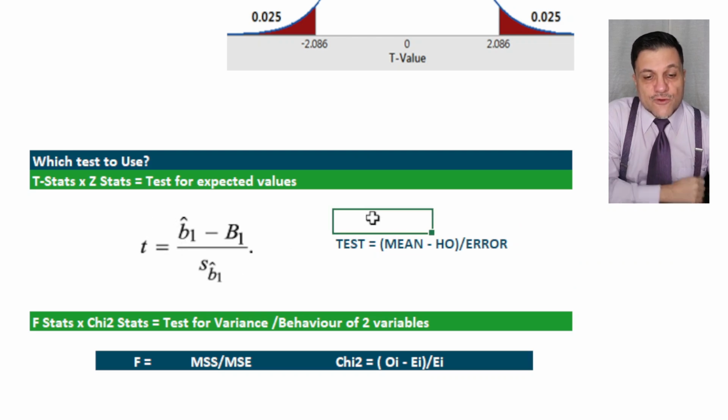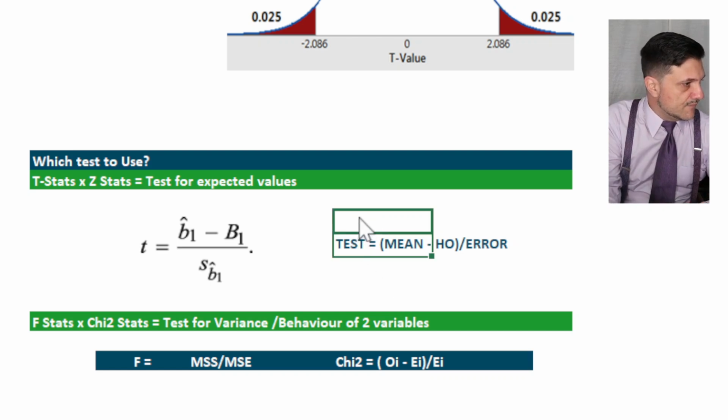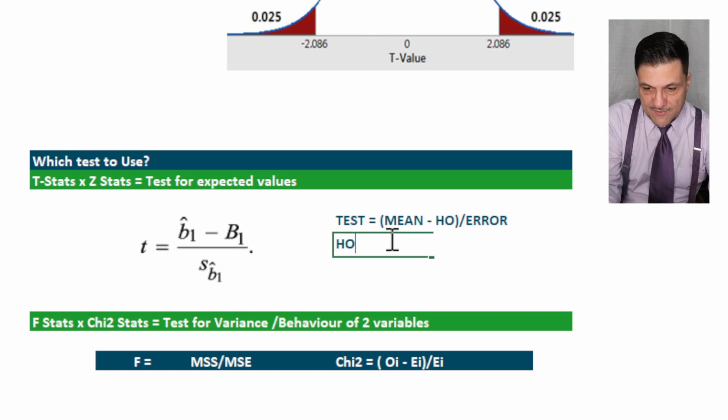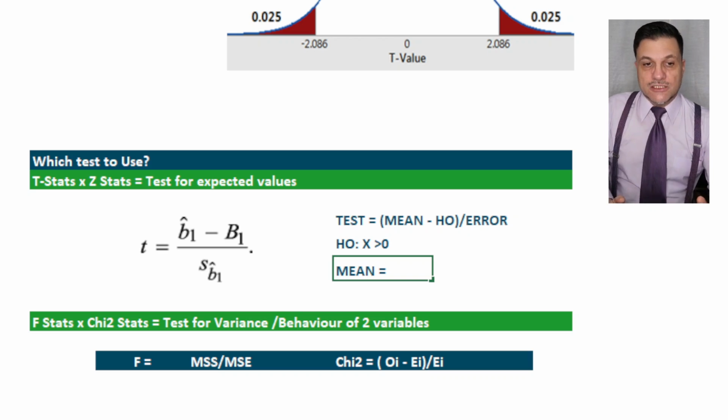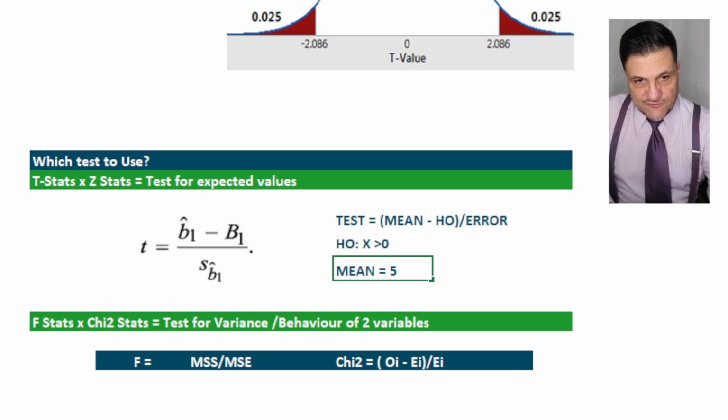Excuse me, friends. Continuing here. Now, let's put the hypothesis here below. H0: X higher than 0. My mean, my average, is given on that question. Let's say I collect the data and the average that I got on my data collection was 5.